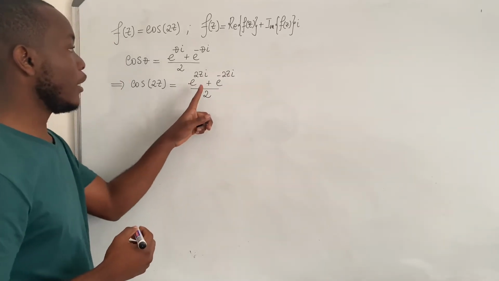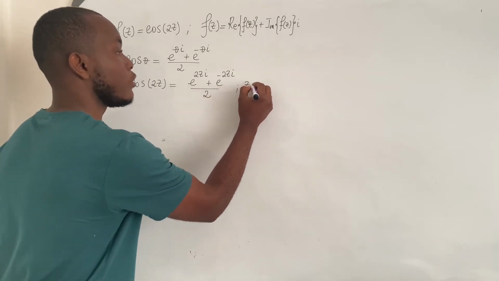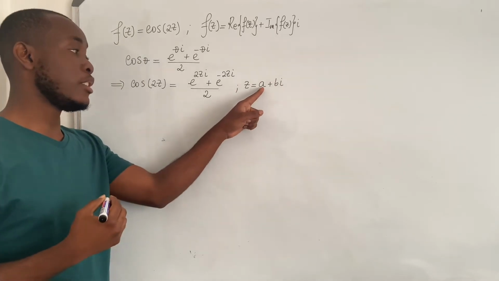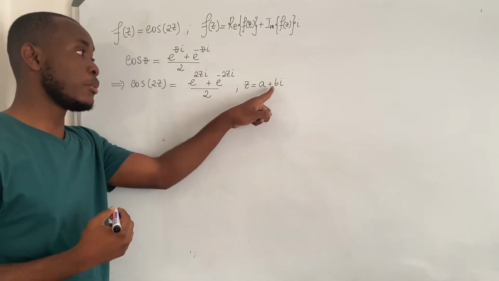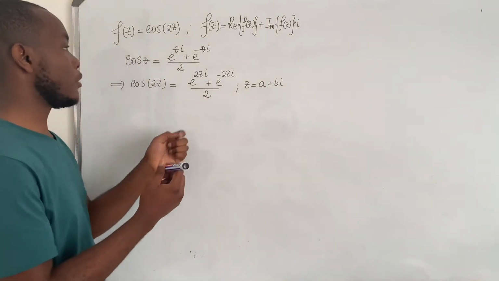Okay, now what is z? Since z is a complex number, we can define z to be a plus bi, whereby a is the real part and b is the imaginary part of z. Okay, now doing that, we can replace here.